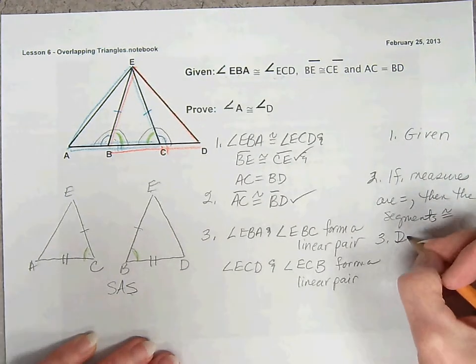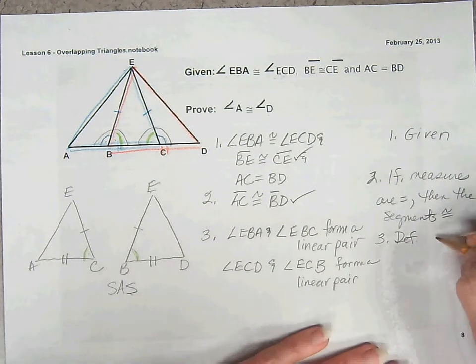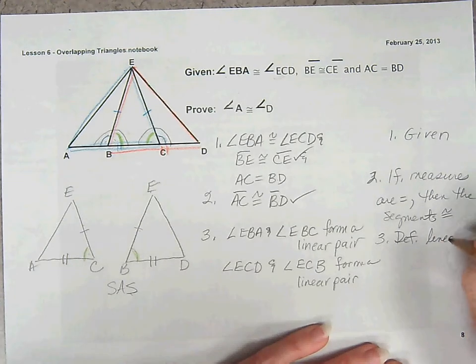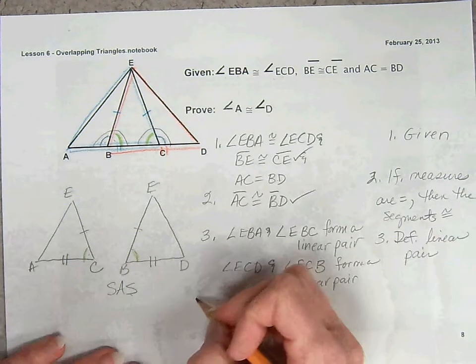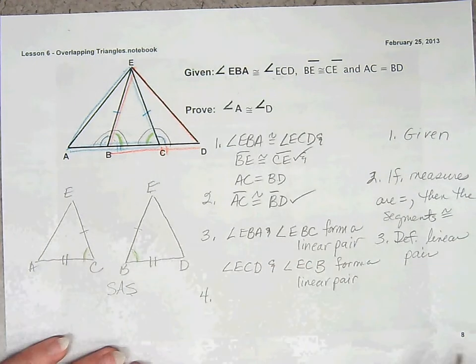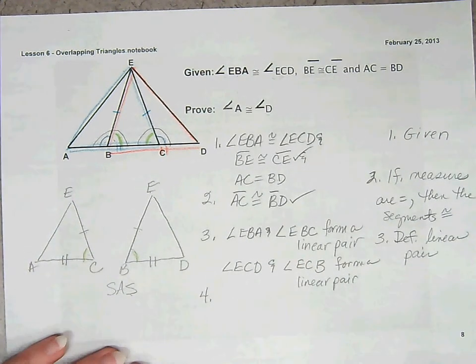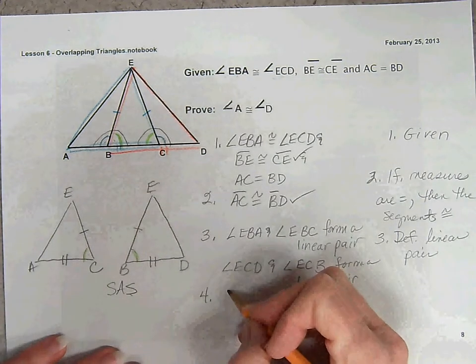Okay? And that's the definition of linear pair, or you can refer to the picture. So from there, if you remember our linear pair proofs, the next thing we need to state is that they are supplementary.